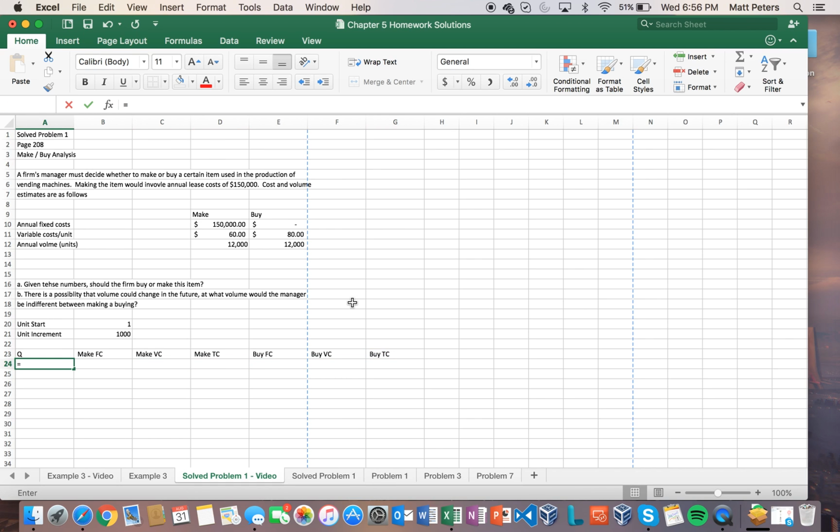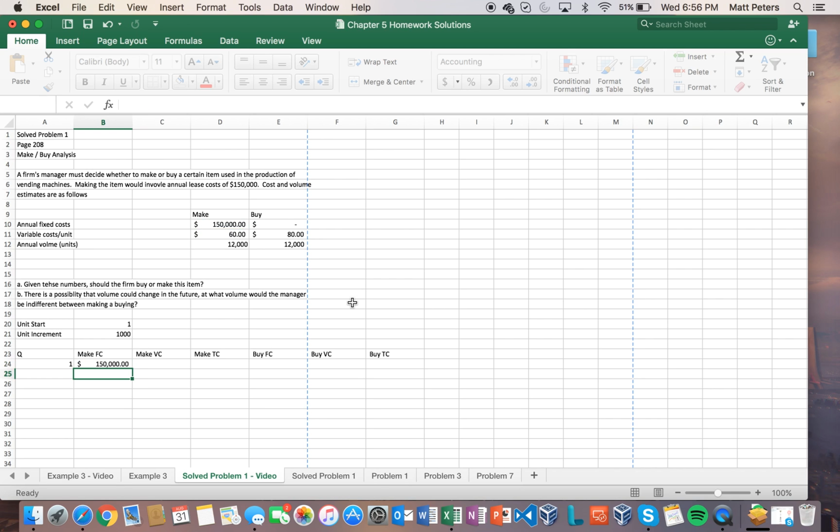So our first Q is this unit start. So I'm going up there and doing function F4 to fix that. Our make fixed cost is that Q times, our fixed cost is always the same. It doesn't matter what the Q is. So our make fixed cost is just here.